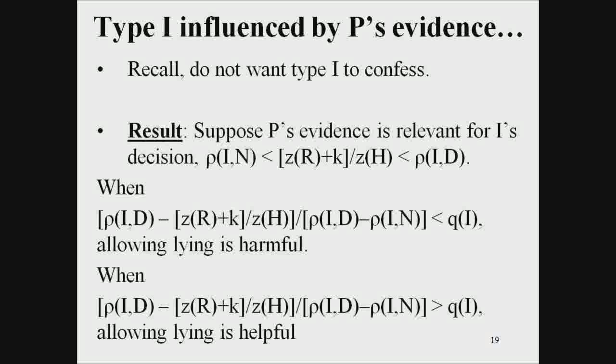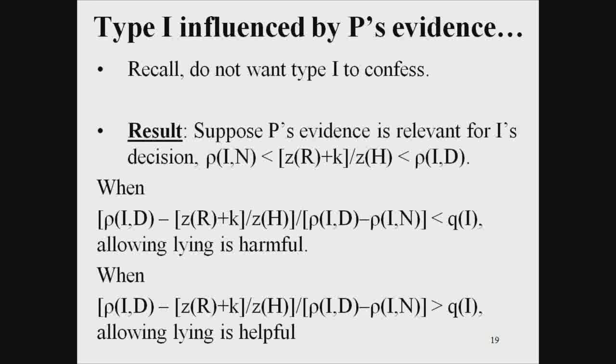So again, we want the innocent type to not confess. So what I have here, and this is a mathematical expression, is that we can divide this into two cases, right? When it's harmful and when it's helpful, right?